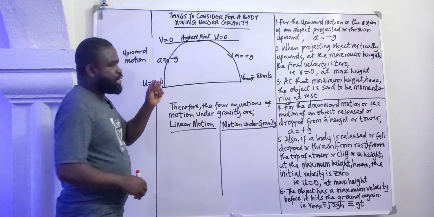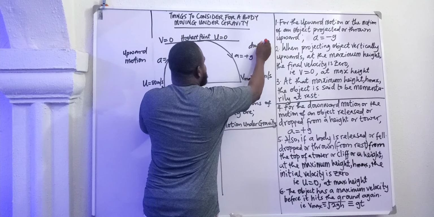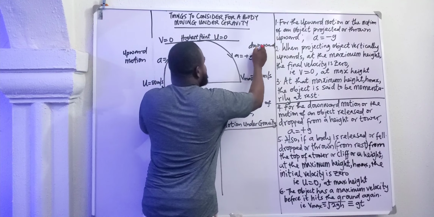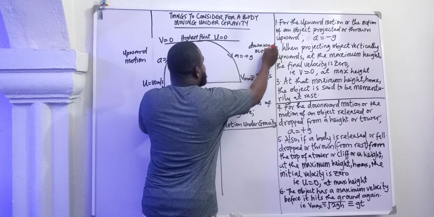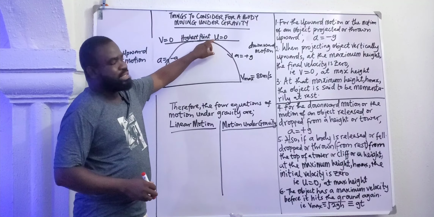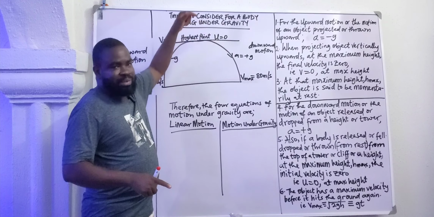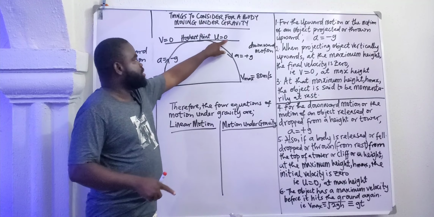So the point I'm making is this: for the downward motion, for a body that is released from a height, the initial velocity at the maximum height is 0.